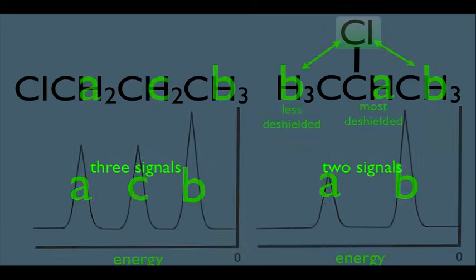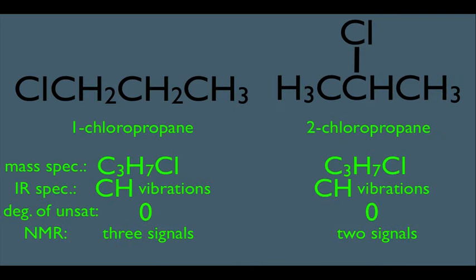So notice, in summary here, by using all of our available machines, and that is the mass spec, the IR, and the NMR, we can unequivocally determine what our sample molecule is. And take note here, it's the combination of more than one machine that's helping us determine the identity of an unknown sample. Each machine plays a very important role.